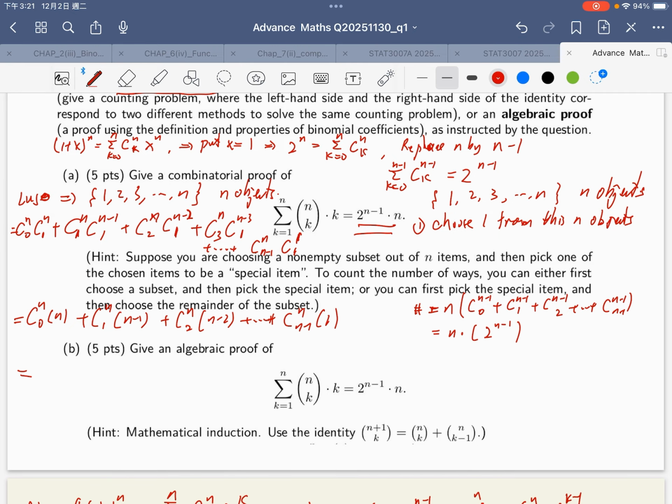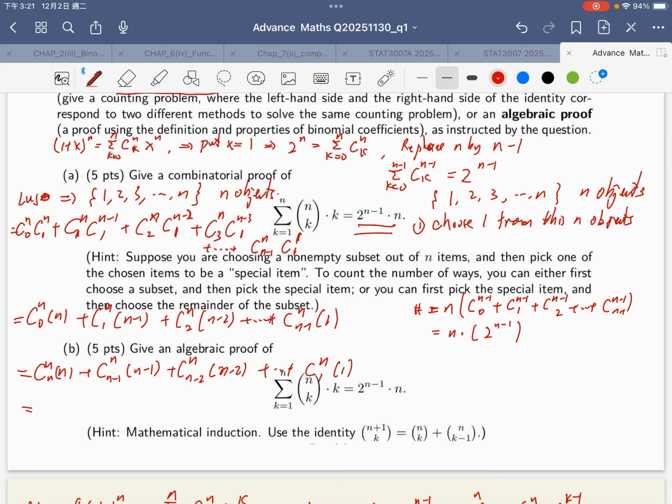And nC0 is equal to nCn, nC1 is equal to nC(n-1), this is nC(n-2), and the last one is nC1 times 1.